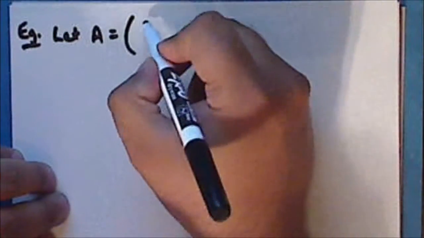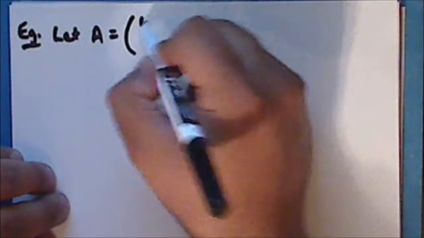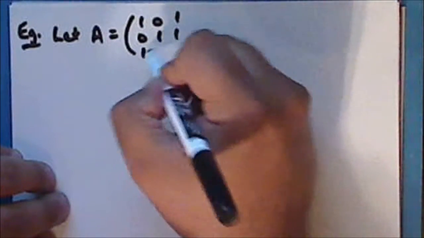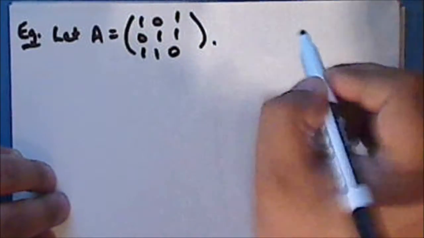So let's look at an example. Let A be the 3 by 3 matrix with rows 1, 0, 1; 0, 1, 1; 1, 1, 0.